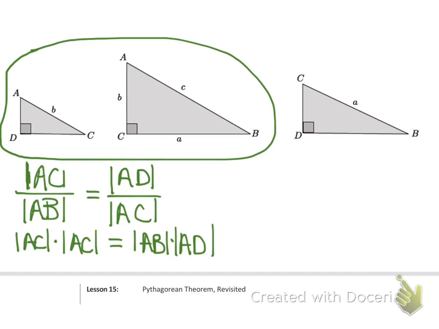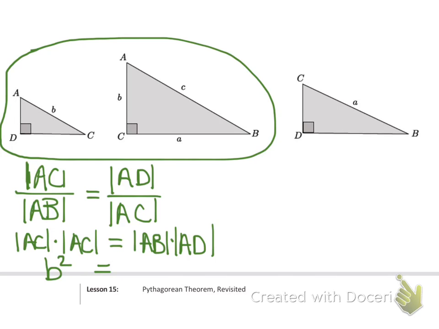Okay, and I also know something. I know that this length AC, which is used here twice, is equal to B. And I know that length AB is equal to C. So I'm going to substitute that. So this right here would be B times B, which is B squared.